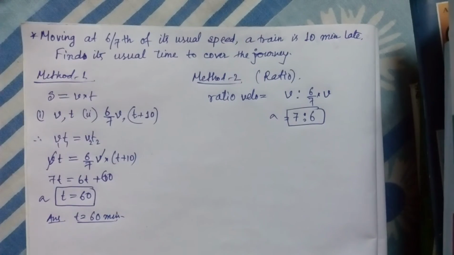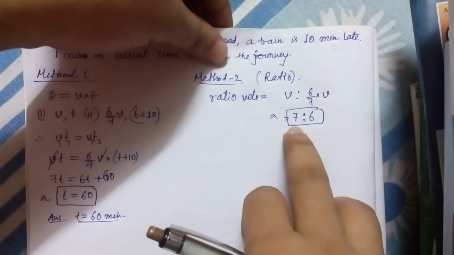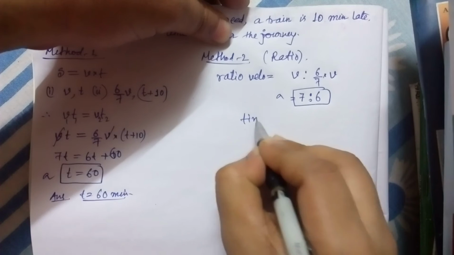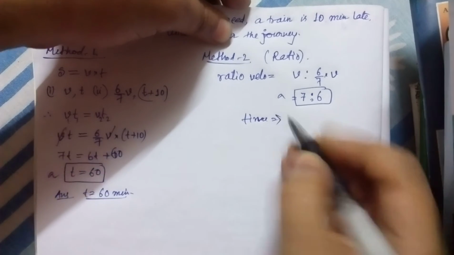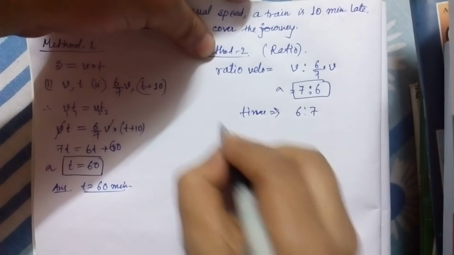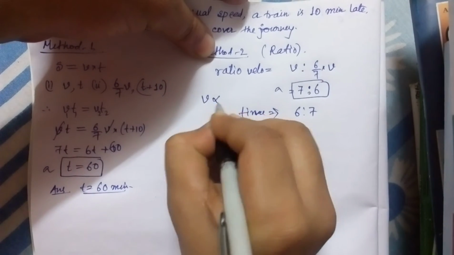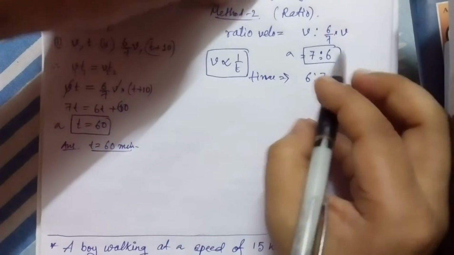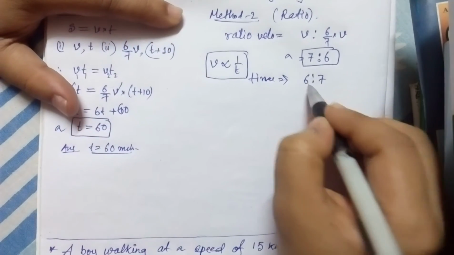Now if the velocity is in the ratio 7:6, the time taken will be in the ratio 6:7, just reversed. Why? Because V varies inversely with time. So the time ratio will be 6:7.